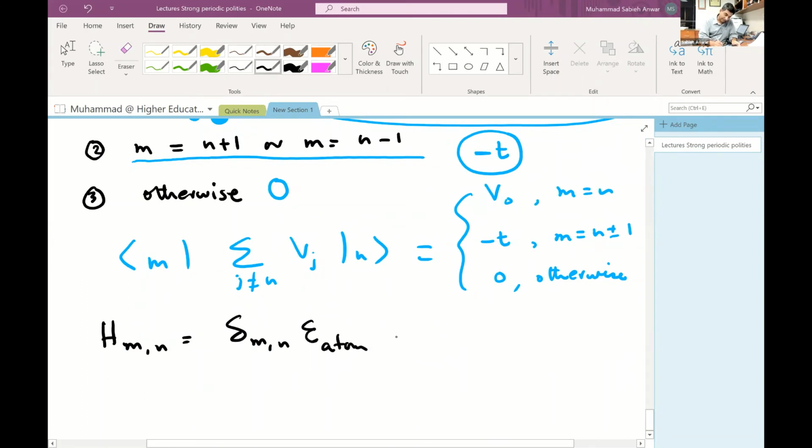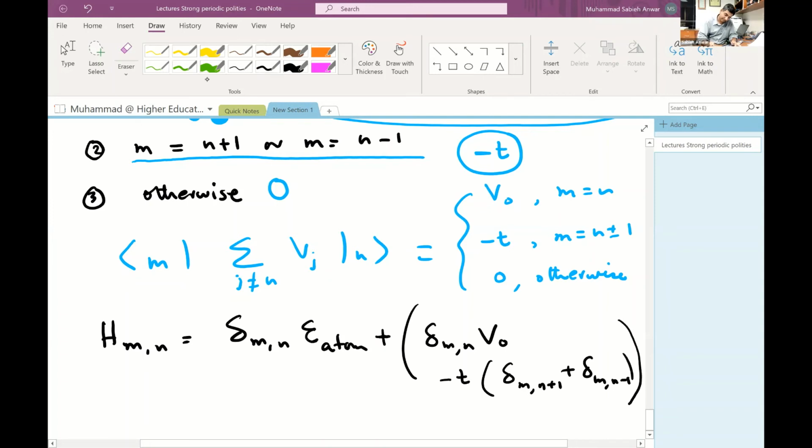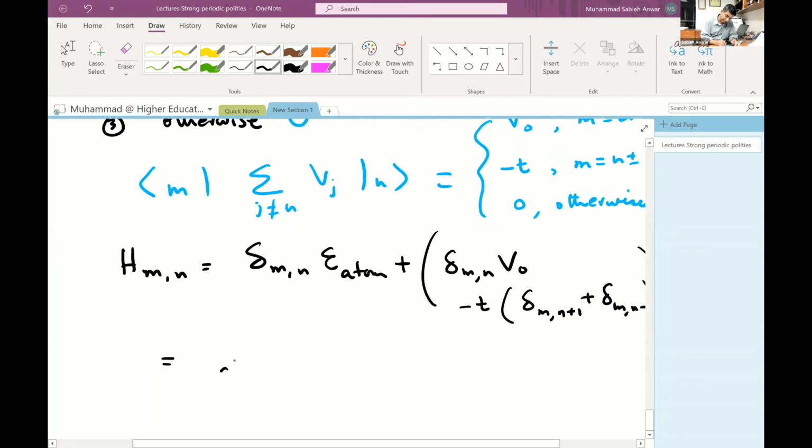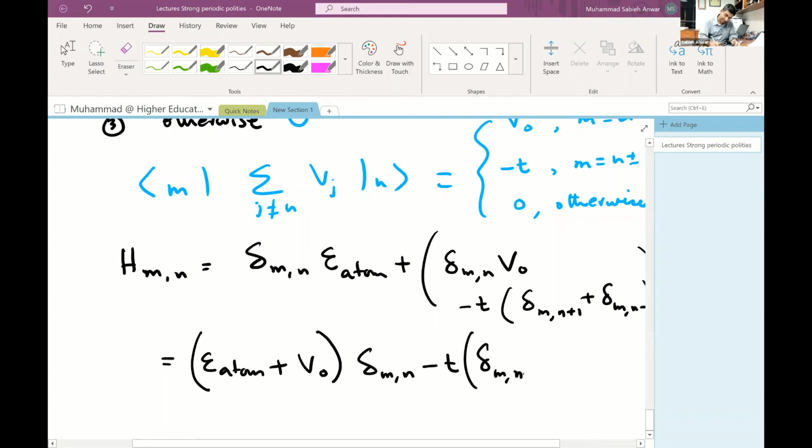So now we have the following scenario. We have delta_mn V naught, minus t, delta_m,n+1 or delta_m,n-1. So what we could do is combine the E atom with V naught, minus t times delta_m,n+1 plus delta_m,n-1.